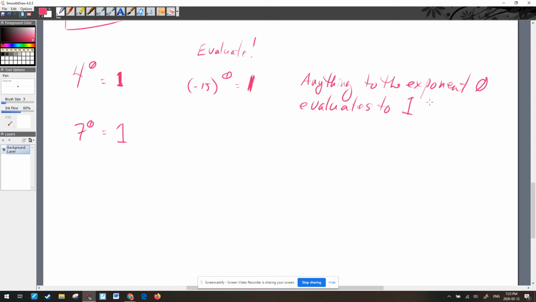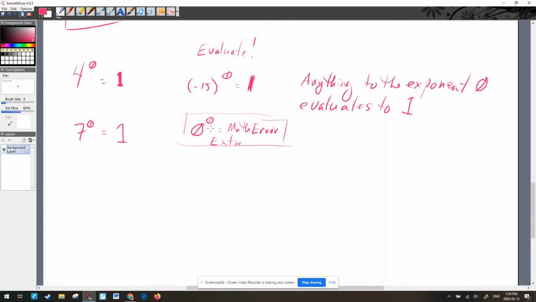Now, what's kind of interesting is there's a bit of a caveat, an exception to this rule. If you take your calculator and type 0 to the exponent 0, it will normally give you a math error. You don't need to worry about this. This is extra. But it's interesting to know that 0 to the exponent 0 normally gives a math error.